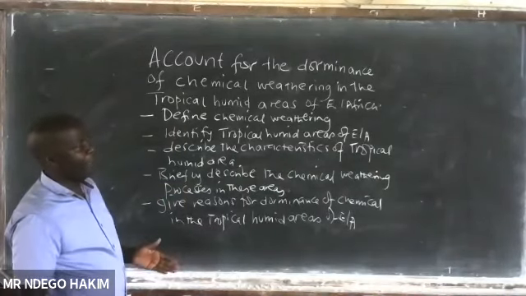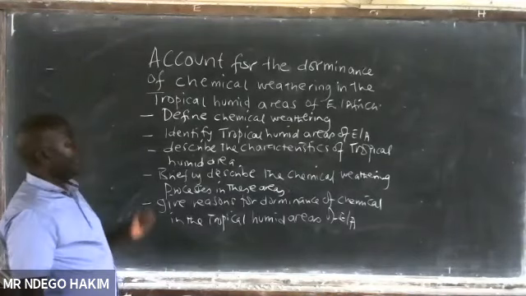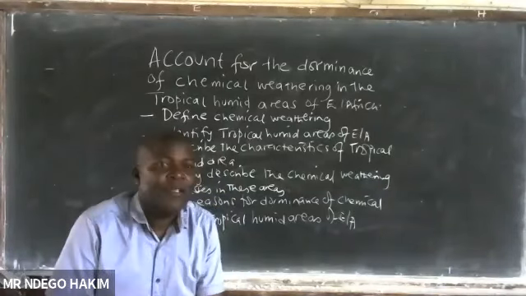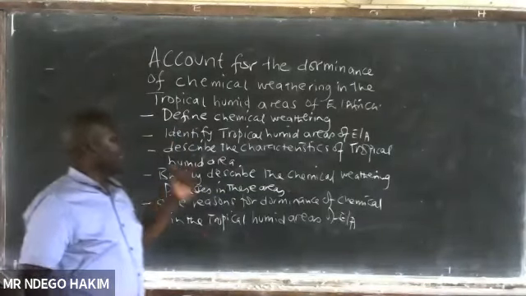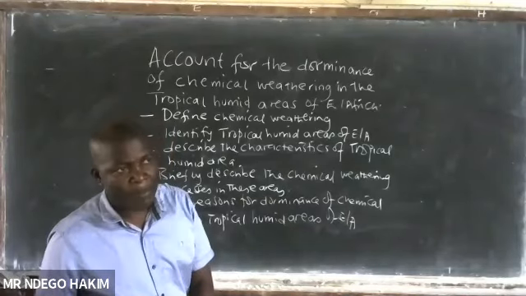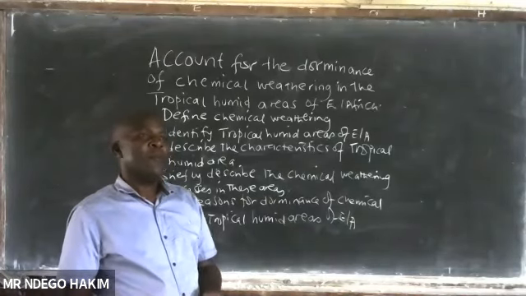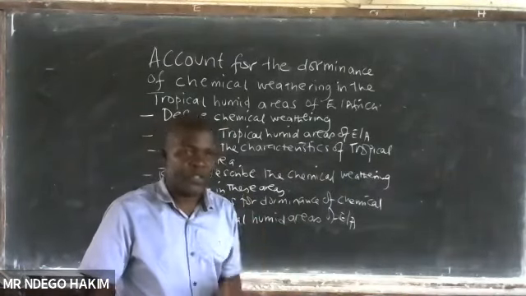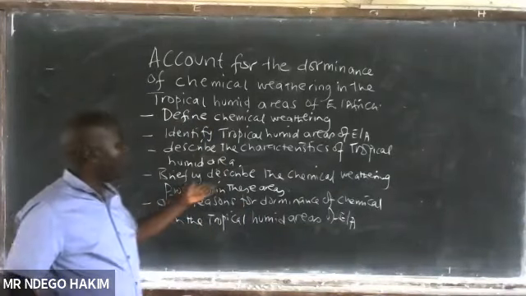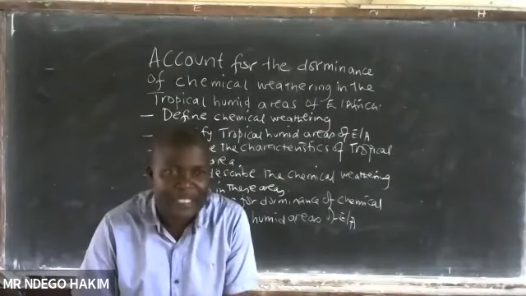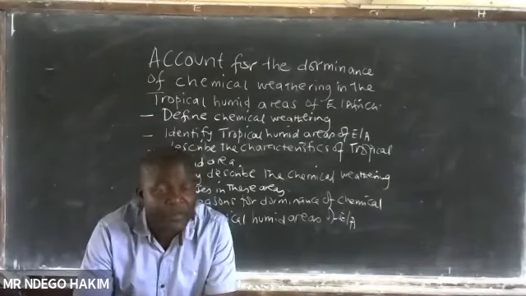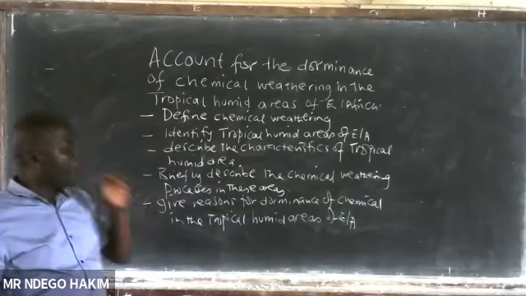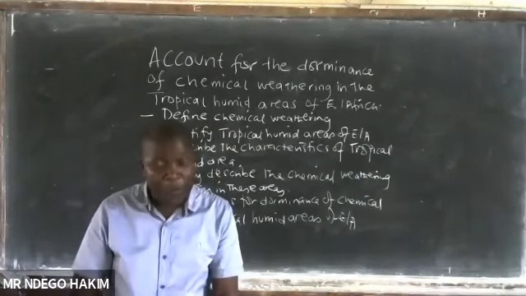We shall define chemical weathering, identify tropical humid areas in East Africa, mention these areas, and describe their characteristics. Then we shall briefly describe the chemical weathering processes in these areas, and then give the reasons why chemical weathering dominates.